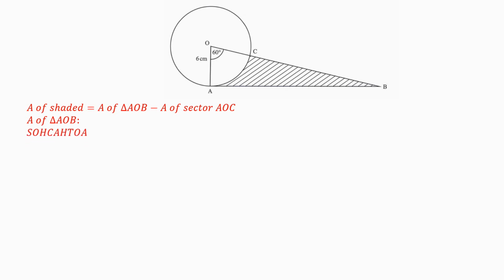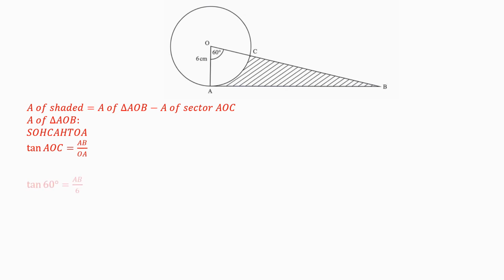In relation to the line OA and AB, we shall use tan, since OA is the adjacent side to the angle we have been given, and AB is the opposite side. Therefore, tan AOC is equal to AB, which is the opposite, over OA, which is the adjacent.